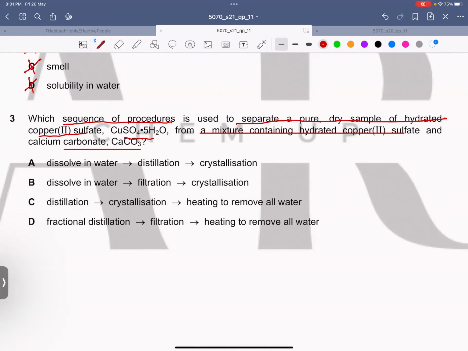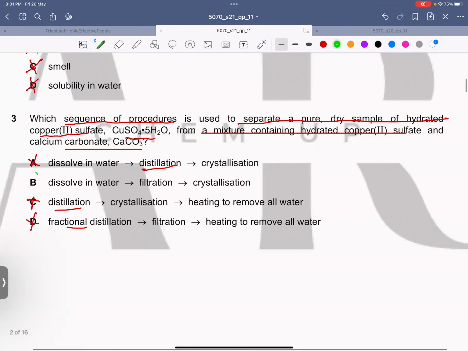As a result, all copper sulfate would dissolve and calcium carbonate remains insoluble, which makes C and D wrong. Then we will do the filtration, and the solid insoluble calcium carbonate is removed. Here the distillation makes this wrong. So your correct answer will be this: after filtration, the filtrate we get has copper sulfate dissolved in it, and we will crystallize copper sulfate from that filtrate.